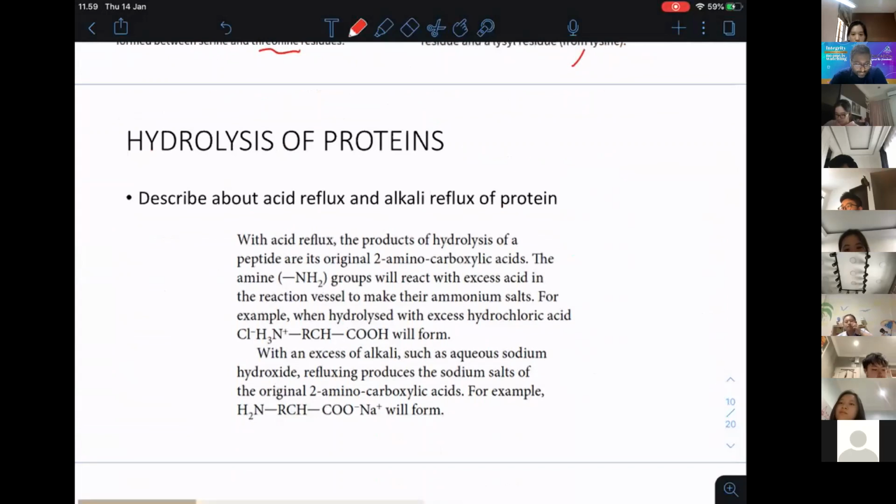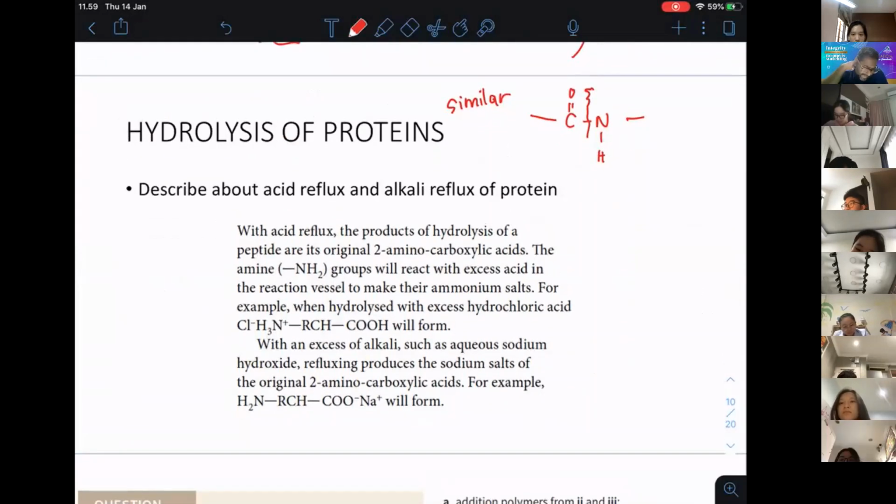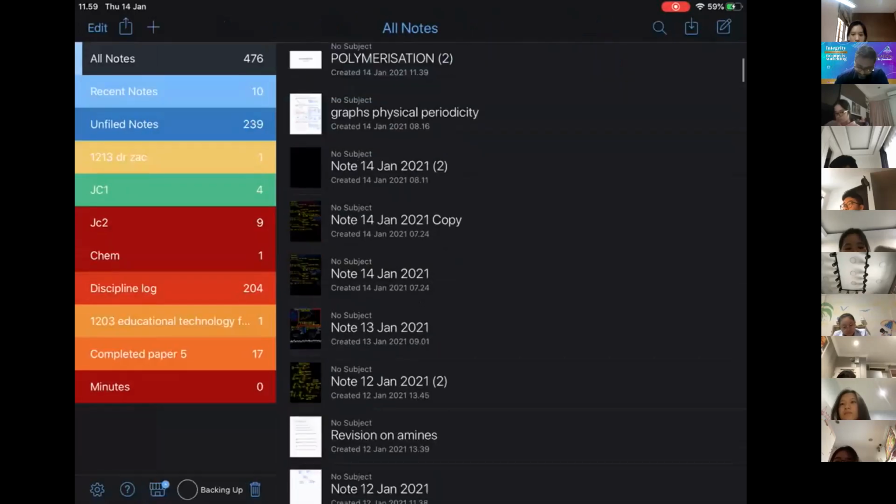Now, this one, hydrolysis of protein, is similar to your hydrolysis of amide. This is when you want to break this part. Remember when we learned about the reaction, if you want to break the bond, let me show the previous.